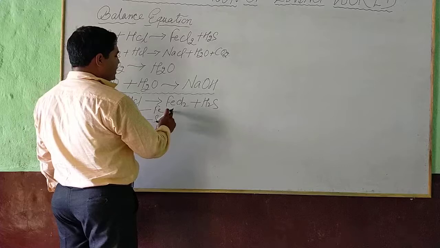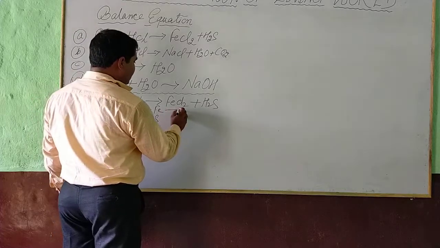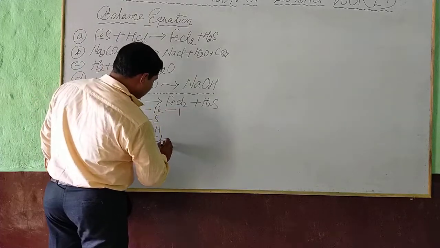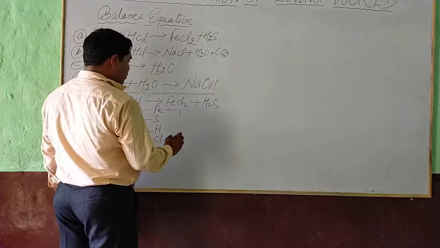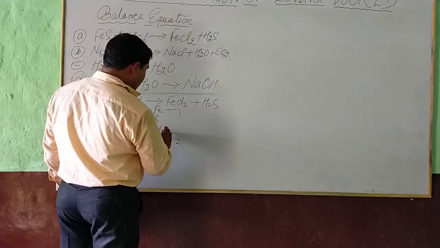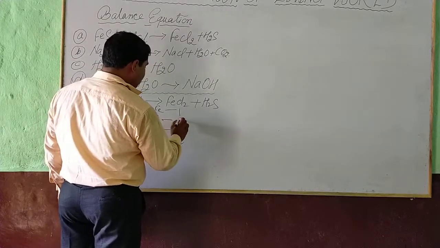On the product side: iron 1, chlorine 2, hydrogen also 2, and sulfur 1.